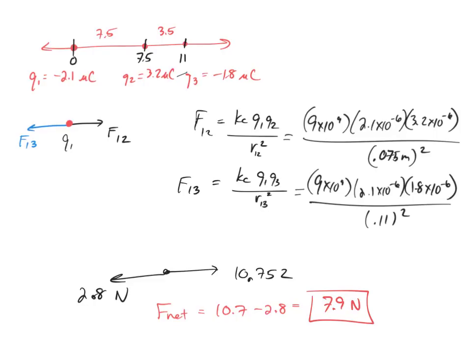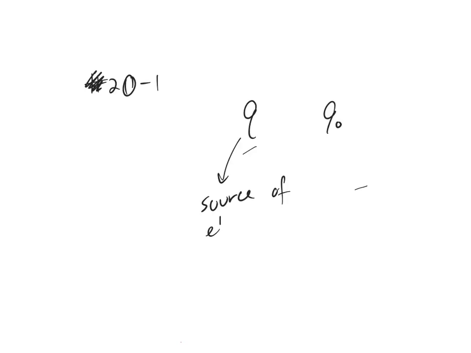Yes. I had a question for 21. I'm kind of confused, like when I look at the spell, what's the difference between Q and Q with a 0? All right, so Q and Q0, good question. So section 20-1 you're talking about, right? So, yes, fine. Q by itself is the source of the electric field. That's what's providing or giving off a field.